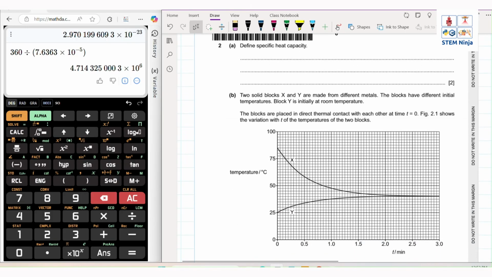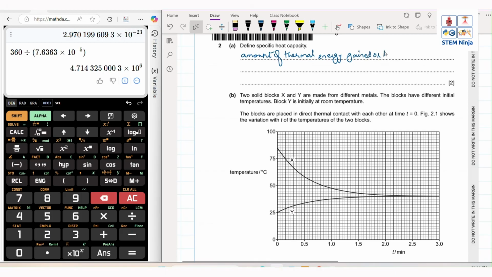So define specific heat capacity. So again, you can find the definition in the docs, but let's write over here. So the amount of heat or thermal energy required, sorry, you can rewrite required, gained or lost also.